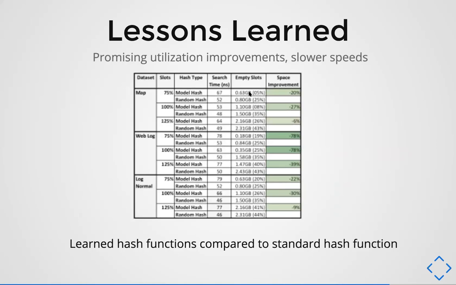And again, sorry for this graininess, but this is what the researchers provided. And you can see, especially on the weblog, that's the data set that I just previously described, the savings are the most dramatic because the machine learning model was able to understand a lot better the distribution of the data and utilize the space of the hash function in a much more efficient way, okay?